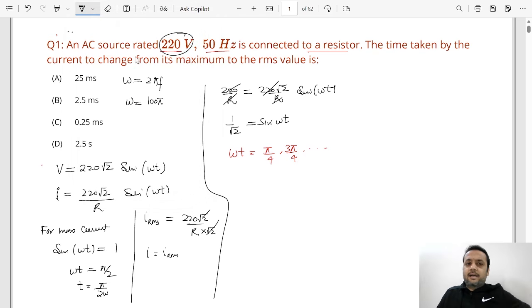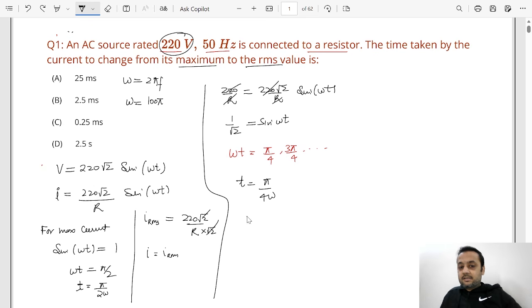Now look, current should change from maximum to RMS value. That means at time pi by 2 omega, current was maximum, and from now, when will the current become RMS? If you choose pi by 4, then the time you get is pi by 4 omega, which is smaller.